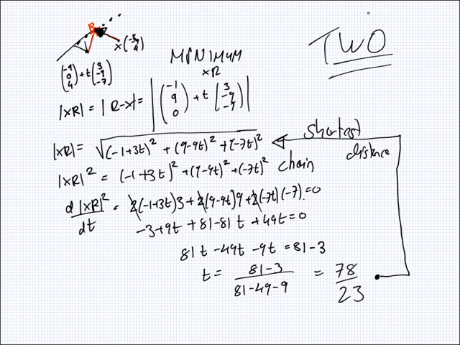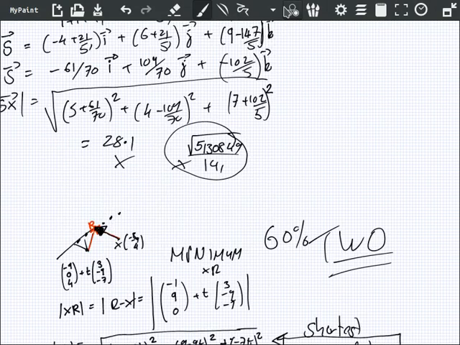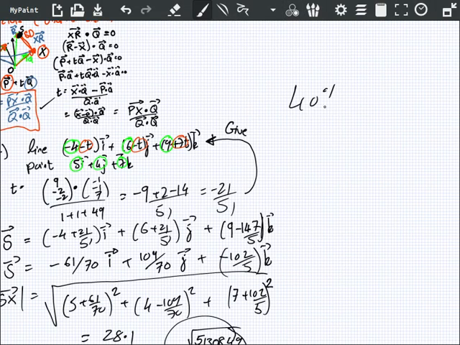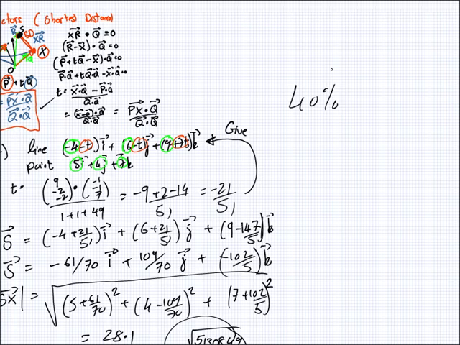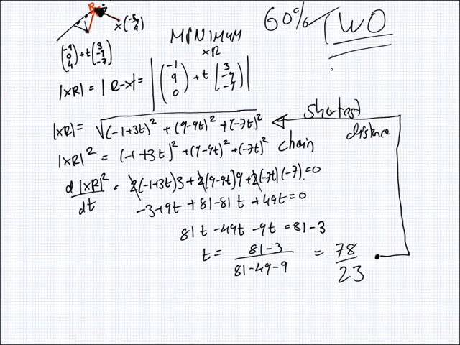I think, if I remember, this is maybe 60% of the time, and this one is in the exam maybe 40%. So this way is more common in the exam. And they don't give you a choice. They will either say use the dot product, or they will say use the derivative.